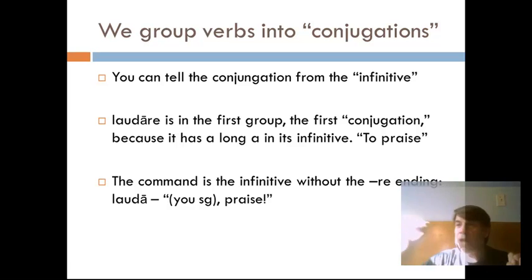I'm doing pop-up. When I point to you, praise, praise, praise. That would be lauda, lauda, lauda. That's a command to one person to praise. And so the second person singular command is simply taking the RE off of the infinitive, and you've got a command.